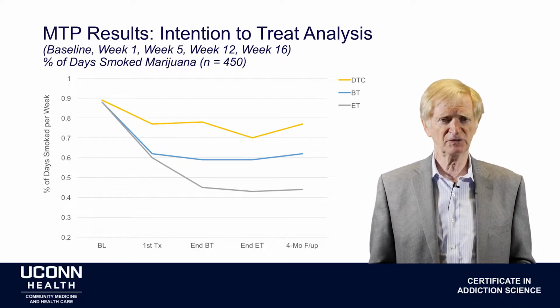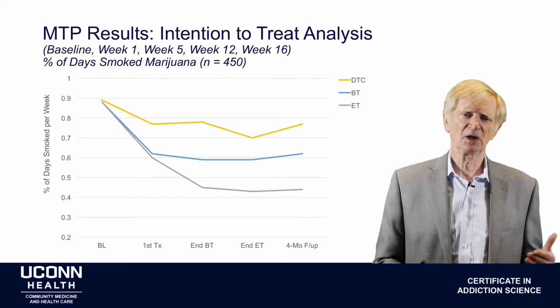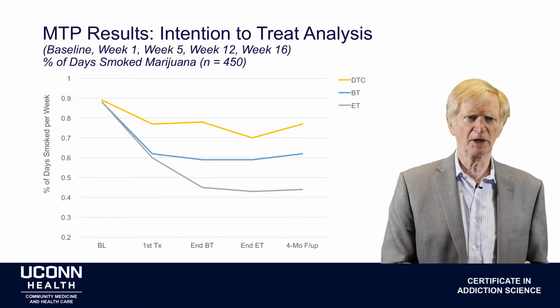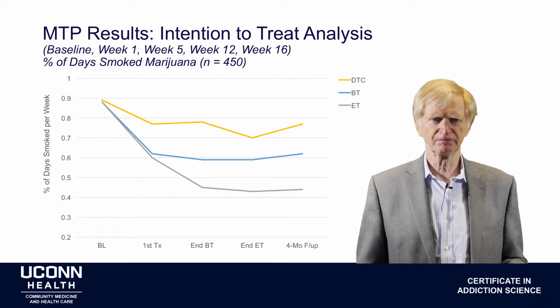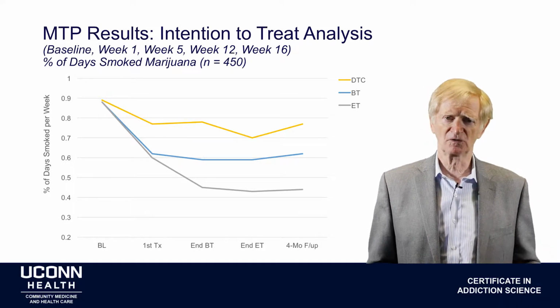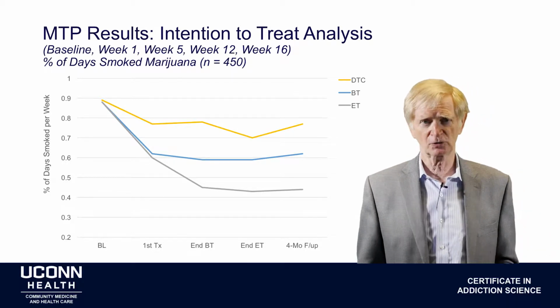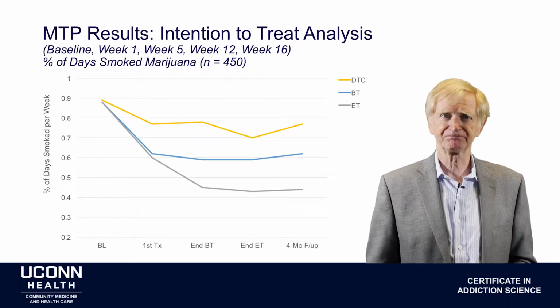And that's a worst case scenario. But even assuming that those people were using marijuana at each of the follow-up periods, you still get significant differences between the groups, which suggest the robustness of the findings.